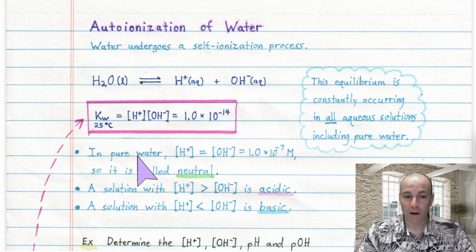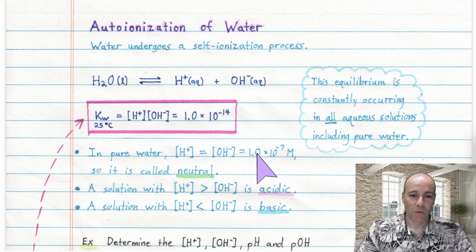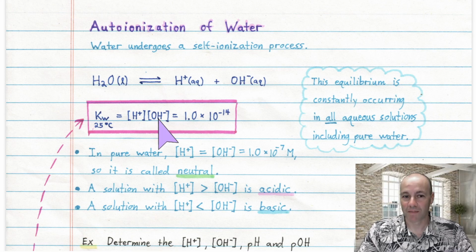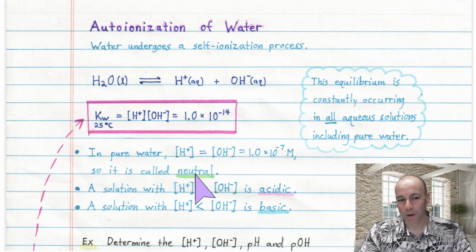So in pure water, the two concentrations happen to be equal, and they're equal to 1 times 10 to the minus 7, or simply 10 to the minus 7 molarity. Because if the product of the two concentrations equals 10 to the minus 14, and those concentrations are equal, then they both must be 10 to the minus 7. So since the concentrations are equal in pure water, we call that neutral.